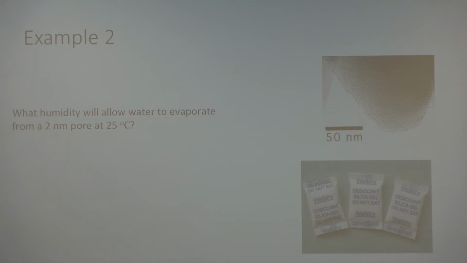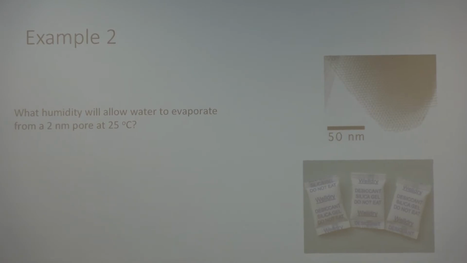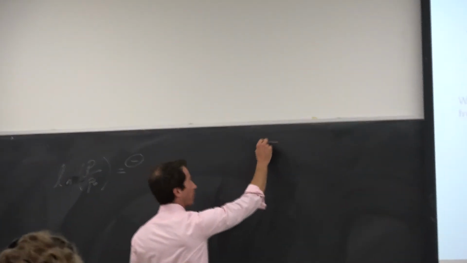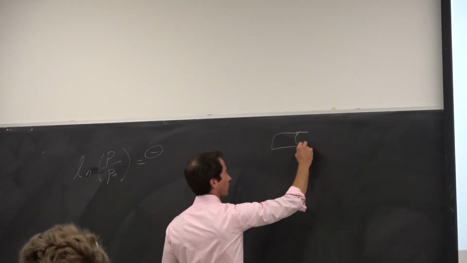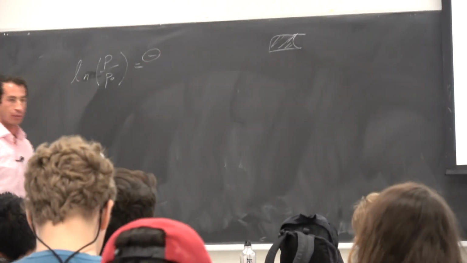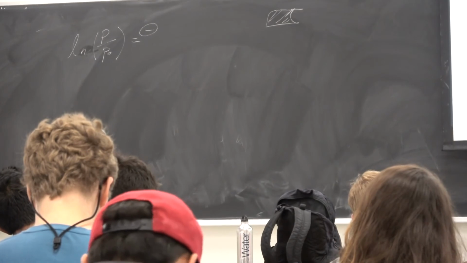So the only trick you have to bear in mind here is that when we look at our equation again, we add a negative sign here because the radius of curvature is inverted, because we're in this pore environment. Okay?